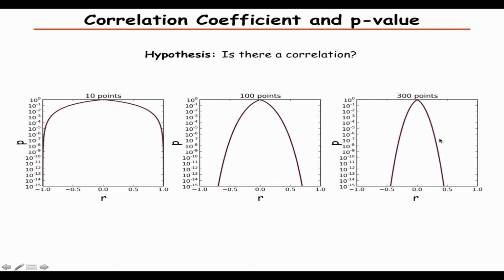And if we go to even more points, the p-value for the same correlation coefficient becomes smaller and smaller. So this is something to think about: if we want to really check whether there is a significant correlation between two variables, it's better to measure more points than fewer.